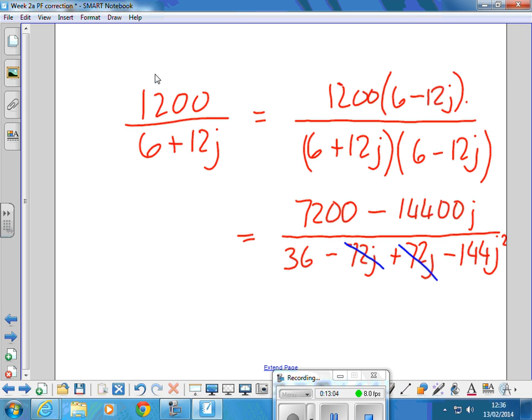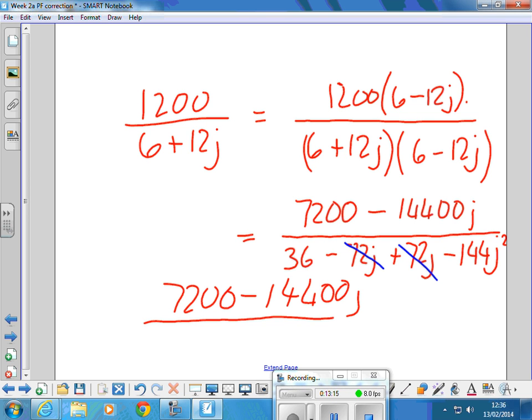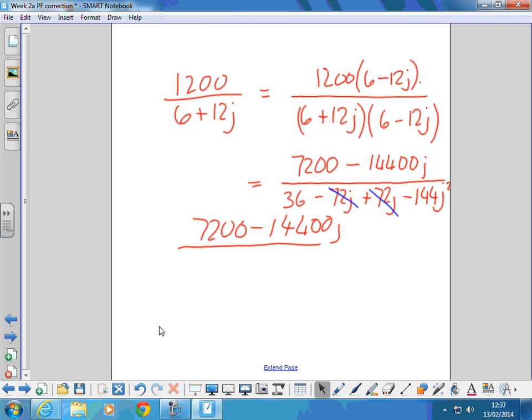So we end up here with 7200 minus 14400J on the top. And we've got 36 minus 144 J squared. And J squared is minus 1.